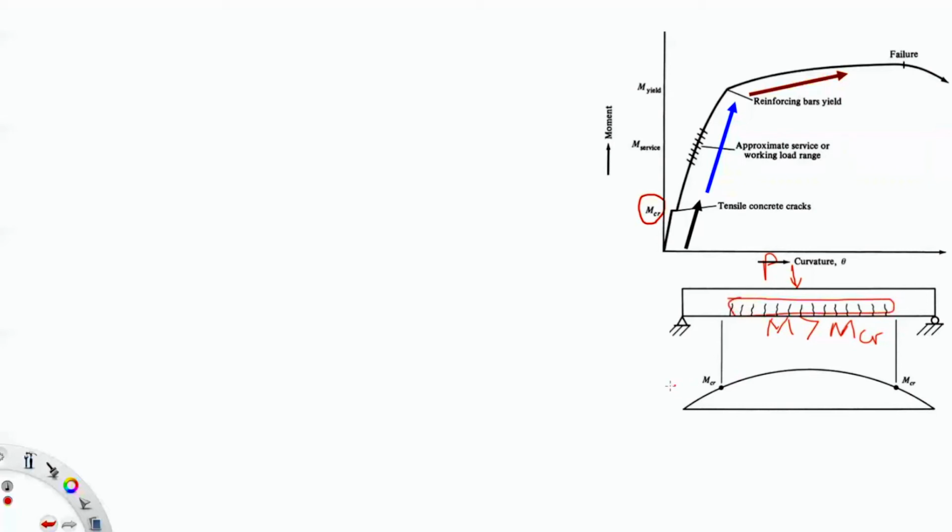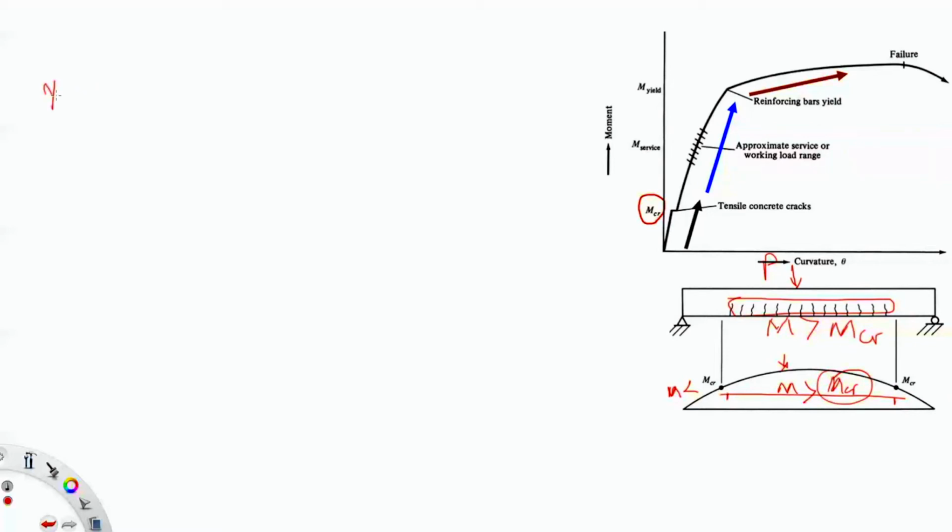So from here, the M exerted by the load is less than M crack, and then from this point to this point, the moment exerted by the load is greater than the M crack. Because what's M crack?